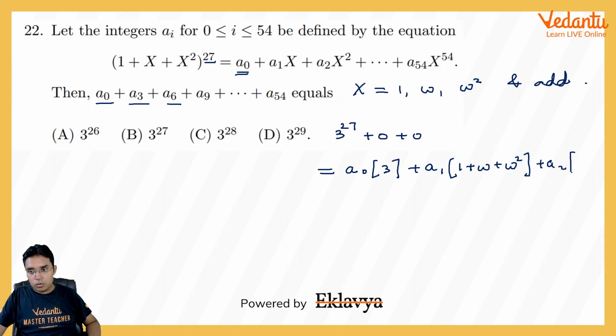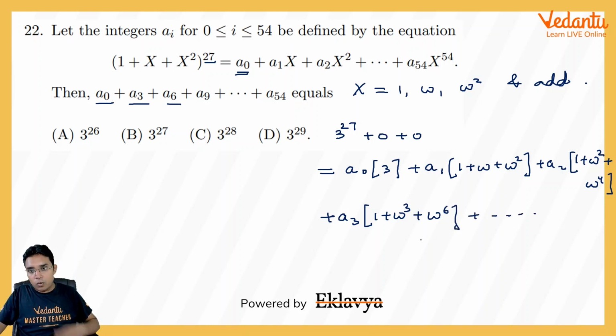For a2, also you can check. When x is 1, it will be 1. When x is omega, it will be omega square. When x is omega square, it will be omega power 4, which we can write as omega also. And then for a3, it will be 1, omega cube and then omega power 6 and so on.